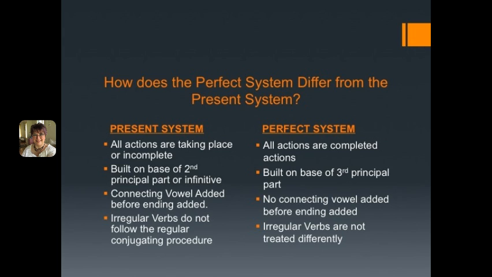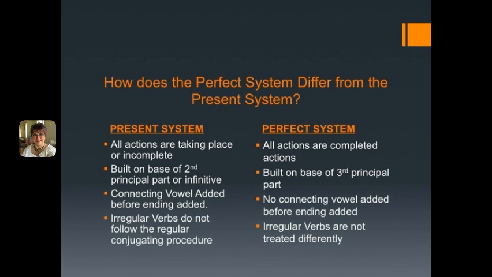The present, the imperfect, and the future tense use the second principal part of the verb for its base. But in the perfect system, all three of those tenses, the perfect, pluperfect, and future perfect, will use the third principal part as its base.